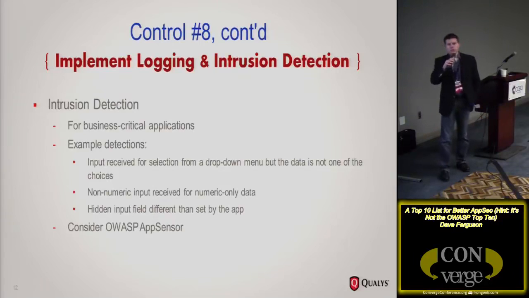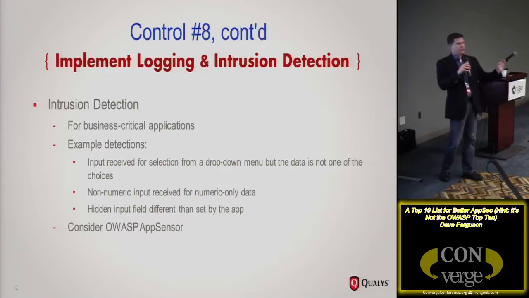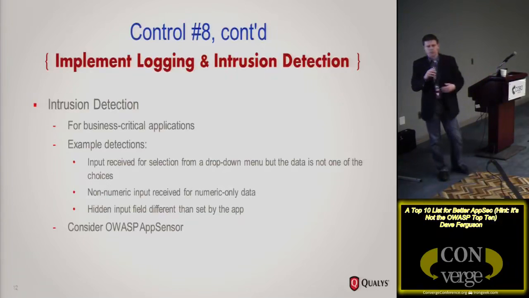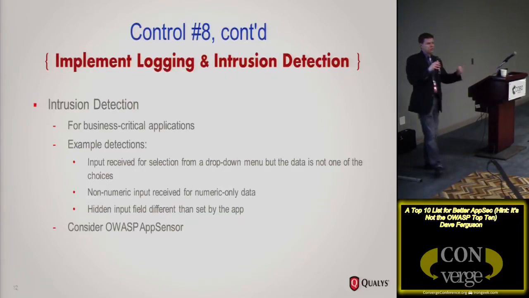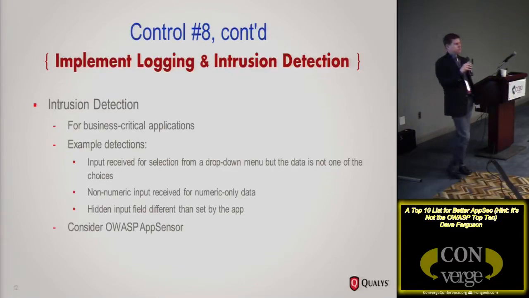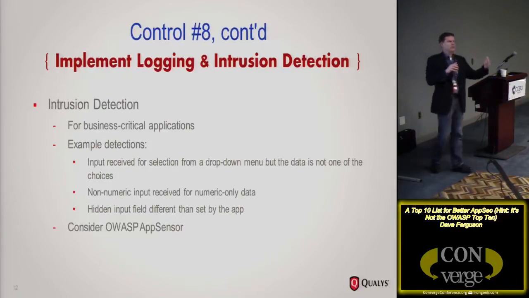Similarly, if you have a non-numeric input on an input field, maybe your JavaScript or JavaScript framework in the browser enforces numeric values or digits, but suddenly your application on the server side starts getting input that's not numeric. That's another clue that there may be an attack, or at least a pen test going on. And then also hidden input fields. Sometimes HTML forms have dozens and dozens of hidden input fields in them.